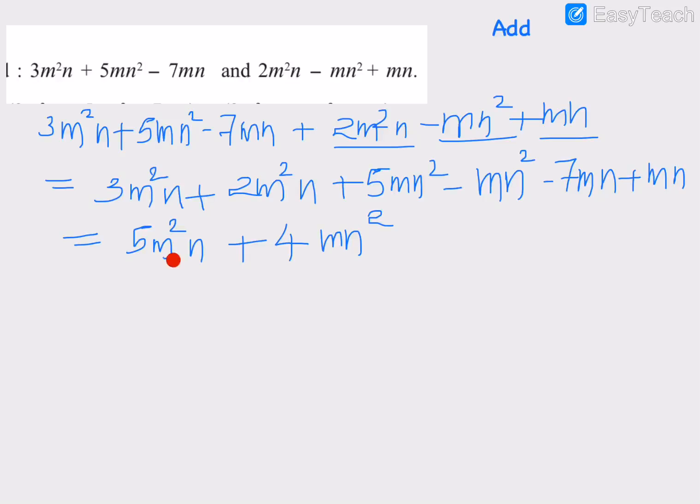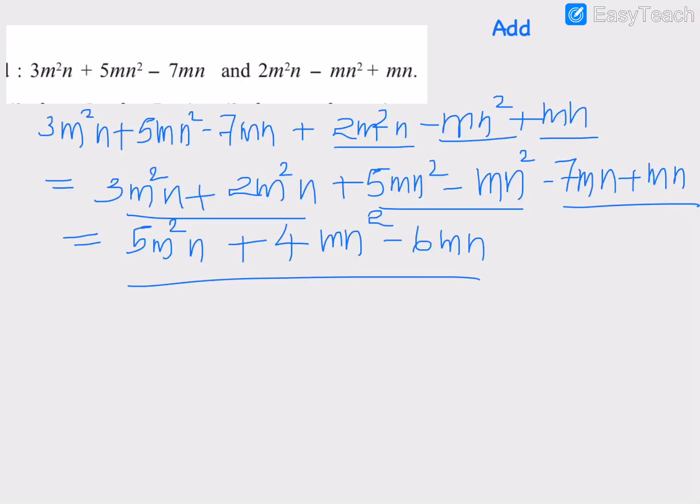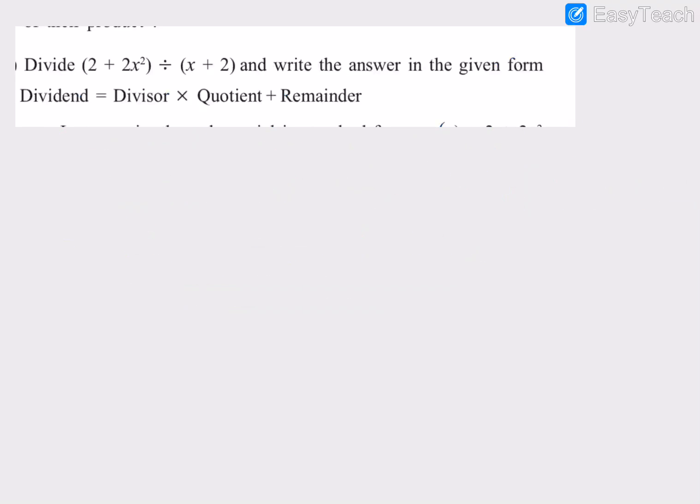We can see the difference: in m square n the square is on m, and here the square is on n. The next term, minus 7mn plus mn, will be minus 6mn. So we got the solution: 5m square n plus 4mn square minus 6mn.